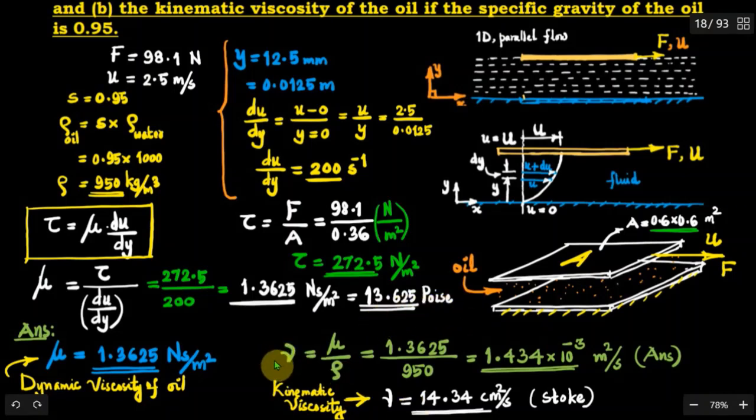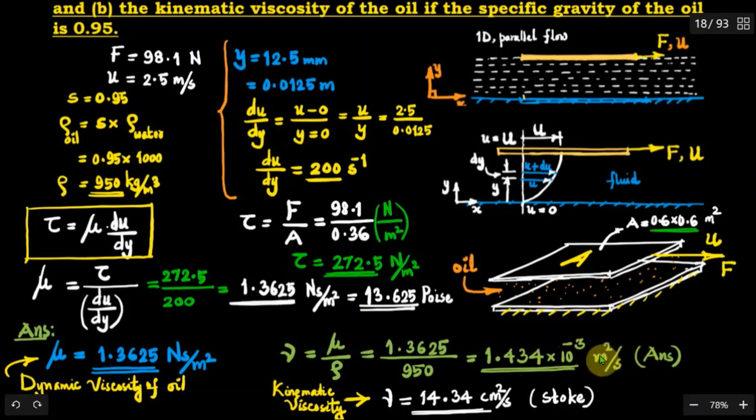Now the next part is kinematic viscosity. Kinematic viscosity is equal to dynamic viscosity divided by mass density. Nu is equal to mu divided by rho. So here dynamic viscosity is 1.3625 Newton second per meter square, divided by mass density rho, which is 950 kilogram per meter cube. So you'll get 1.434 into 10 raised to minus 3 meter square per second.